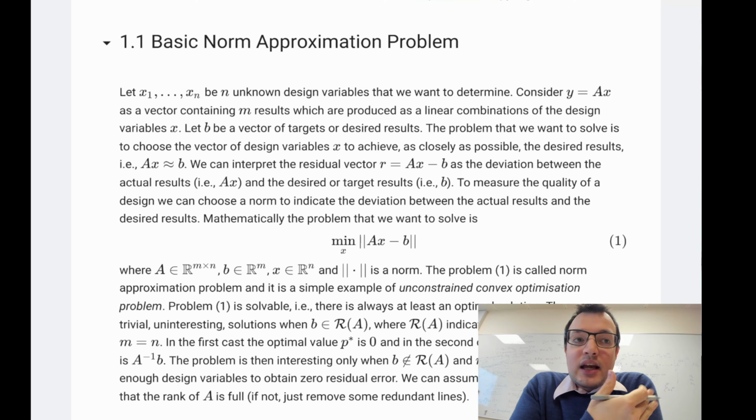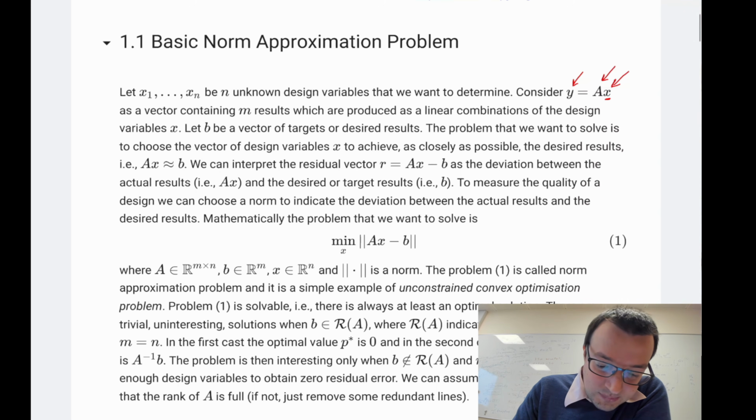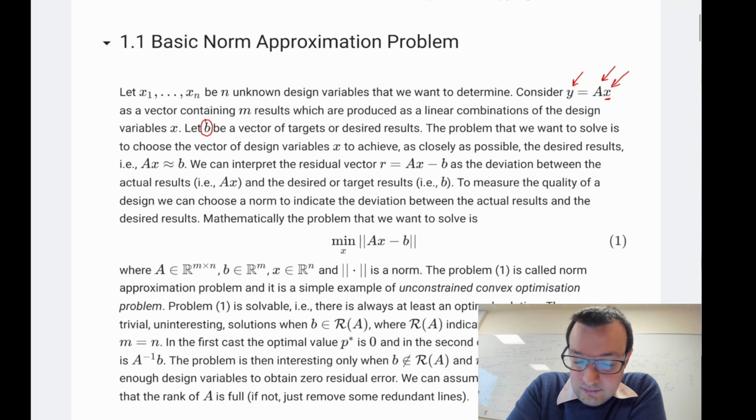And the way in which the design variables are used is established by a certain protocol which is encoded in a matrix A. So for instance, here what we have is we can select certain design variables x, and these are then combined by a weight matrix A to produce certain results y. And our objective here is to try to make y as close as possible to a vector of targets or desired results.